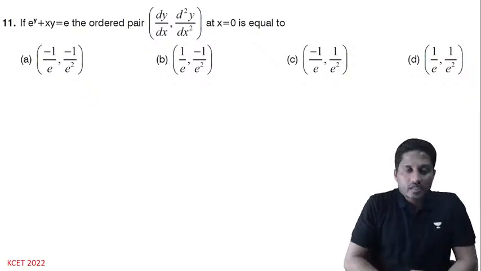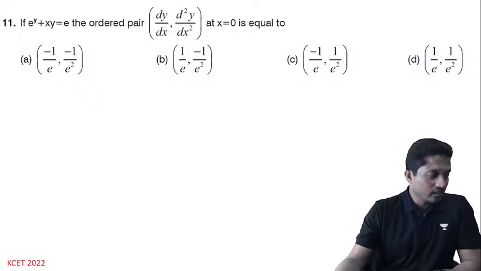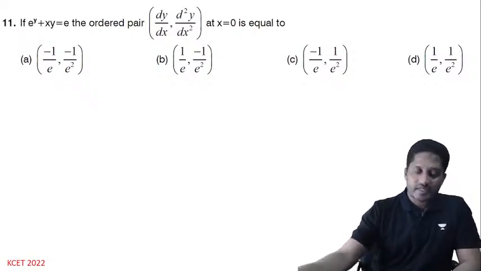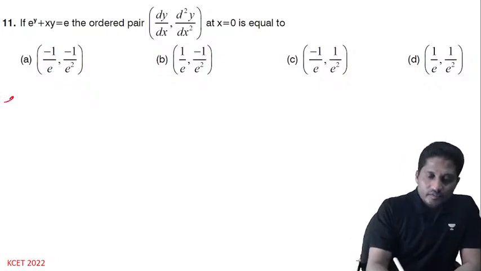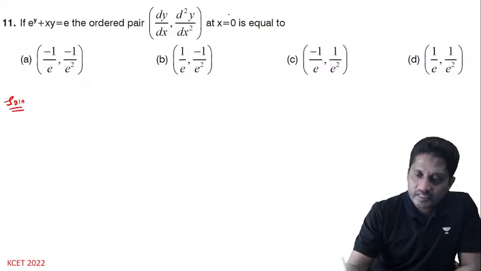See, this question was asked in the previous JEE paper as well, the 2022 paper, KCET, and it's a previous IIT question. Now, it is given at x equal to 0.